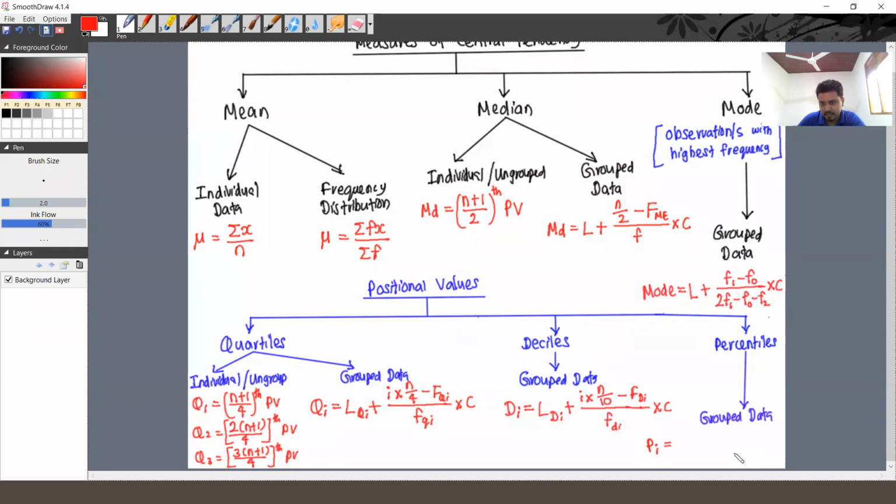Pi equals L Pi plus i into N over, this time it is 100, minus capital F Pi, divided by simple f Pi, into 100.